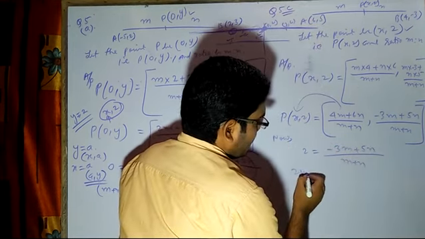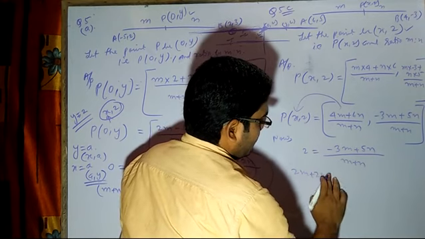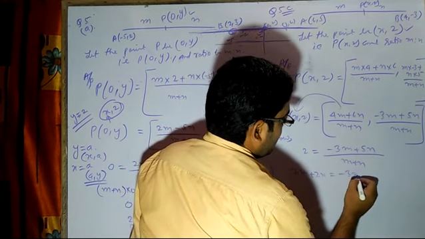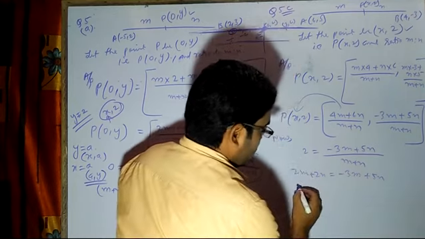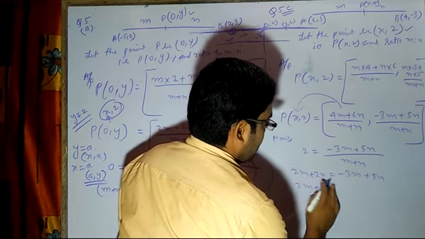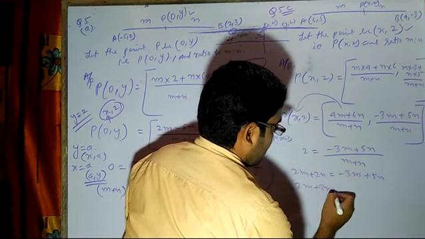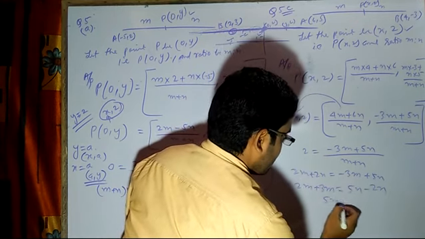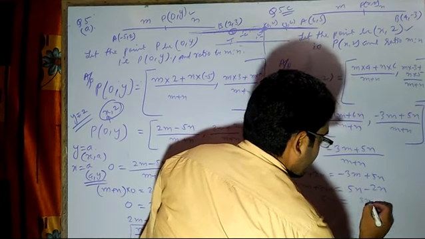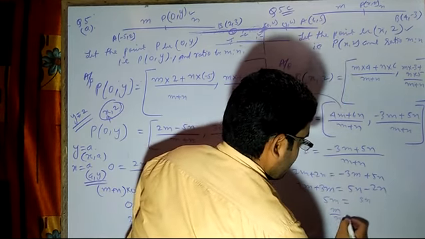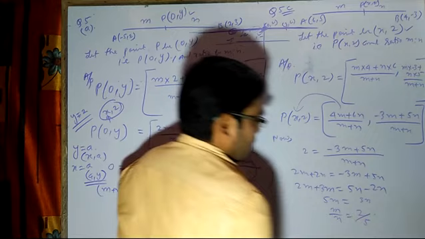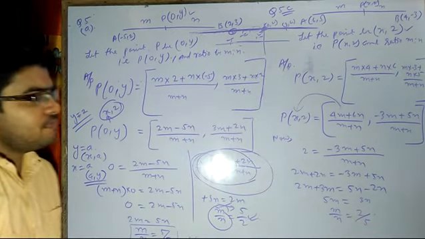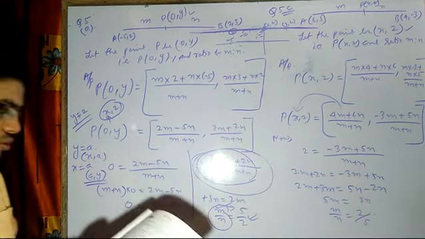After doing cross multiplication, I will get 2m plus 2n is equal to minus of 3m plus of 5n. So here 2m, so the answer will be m upon n is equal to 2:5.